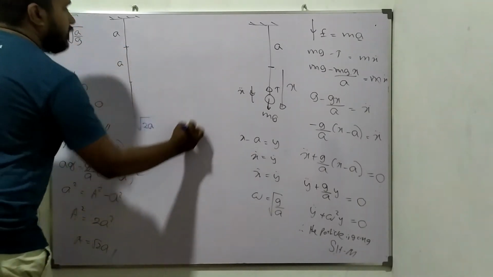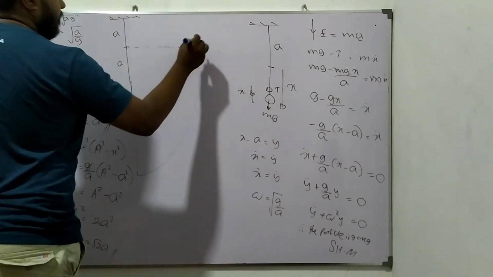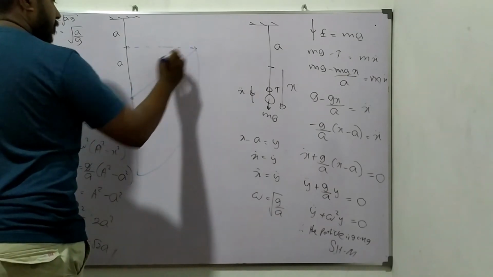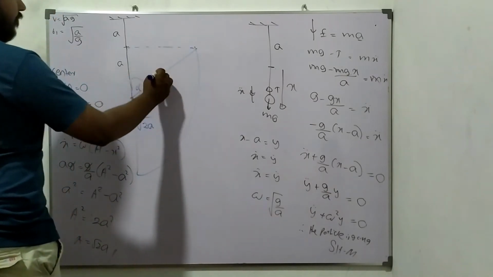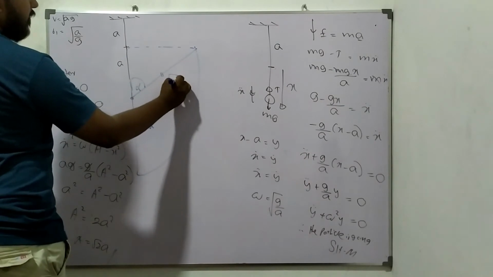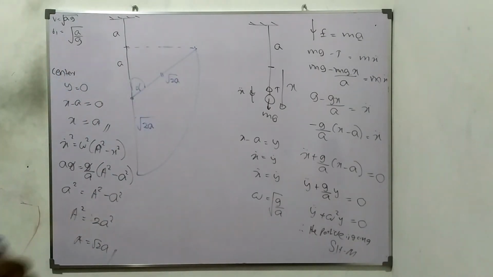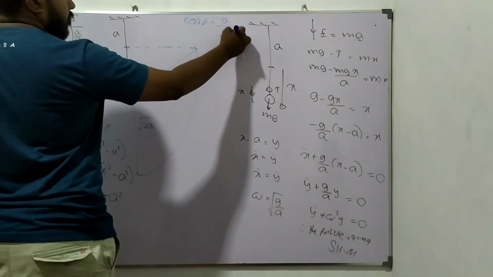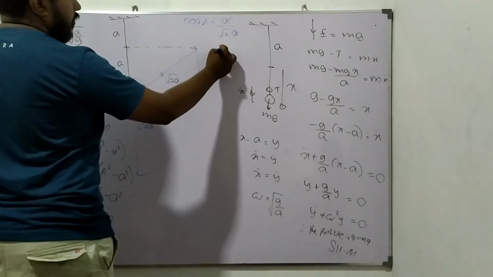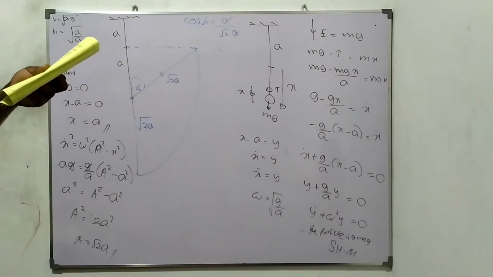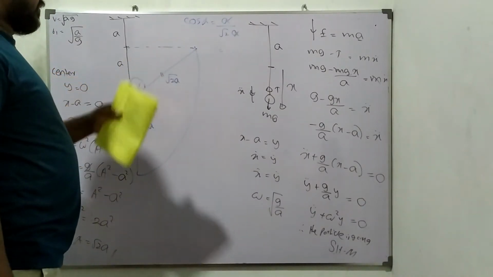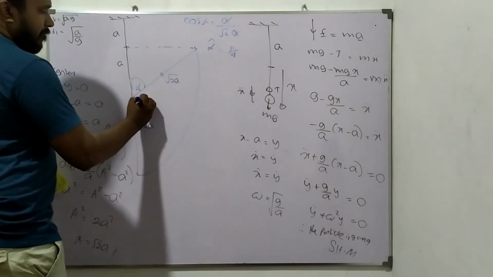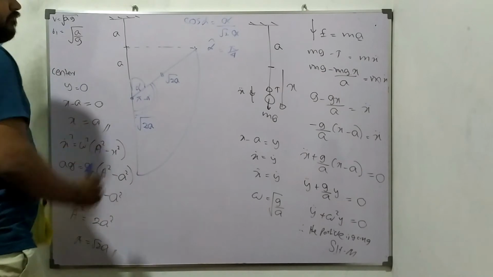So actually this is my alpha, and this is root 2 a. So cos alpha equals 1 over root 2, which means alpha is pi over 4. This is pi minus alpha.